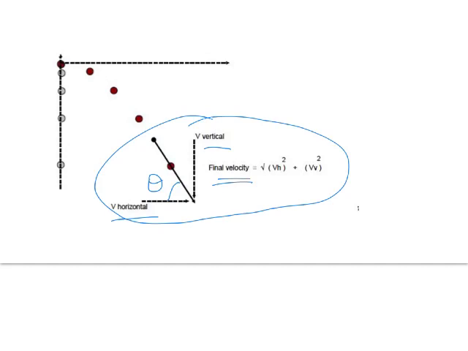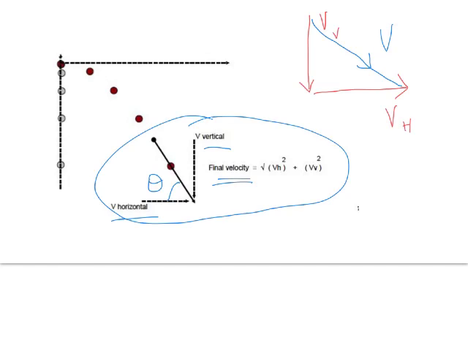So how do we find that final velocity magnitude? Well, we're just dealing with vector addition. We are adding the vertical velocity to the horizontal. And that will give us the resultant value.